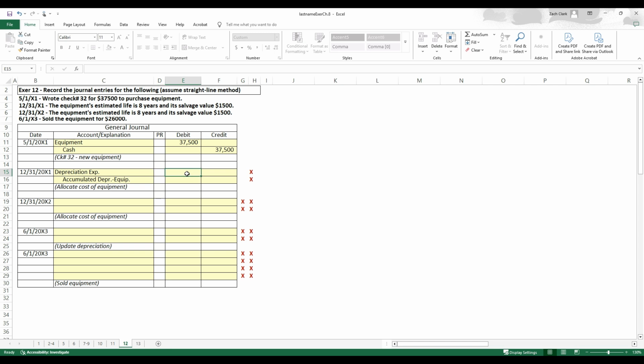And let's see, what did we get here? Let's do our formula. So 37,500 minus the salvage value. It's interesting, why does it show up twice? Let's read this. Salvage value. Huh. I don't know why that shows twice. I think that might just be a typo or a little error on the problem, but that's okay.